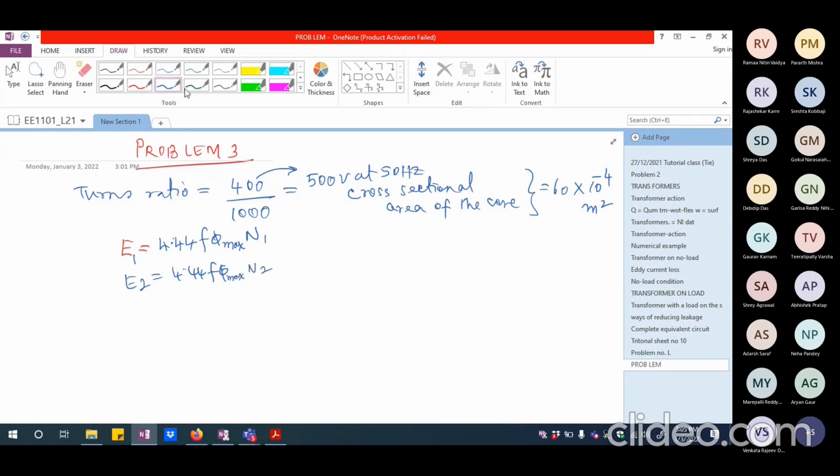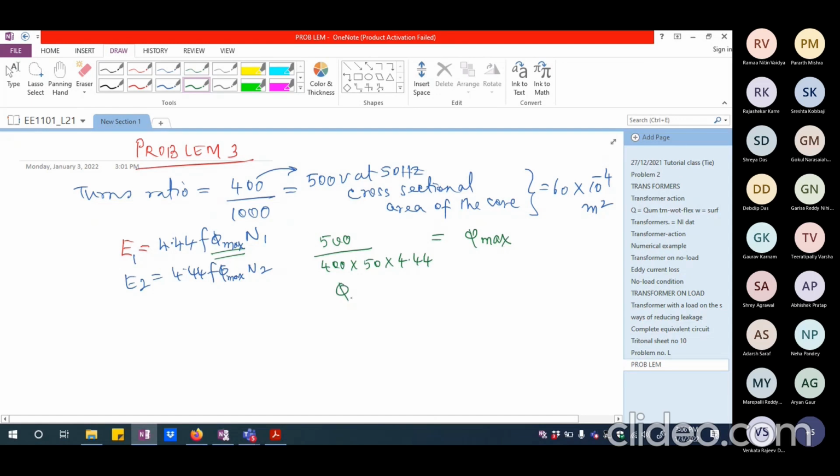Okay. So now with this, you should be able to calculate definitely what is phi max, right? Because I can say 500 divided by the turns, which is 400, and the frequency is 50, multiplied by 4.44. That is going to give me phi max.